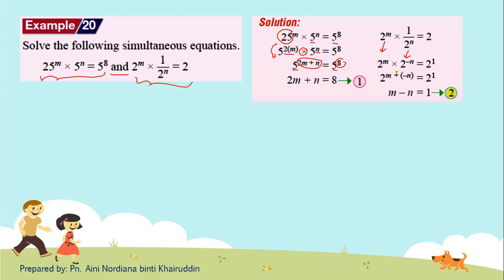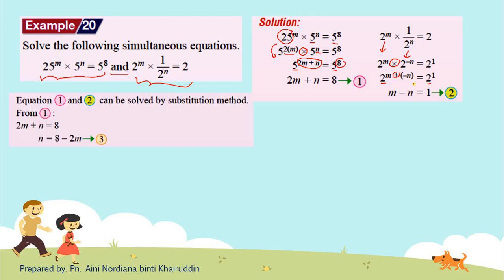So you add the index because it's multiplication. Since the bases are equal, the powers are equal. So m minus n equals 1. So this is the second equation. This you have also learned last year. So equation 1 and equation 2 can be solved by the substitution method.